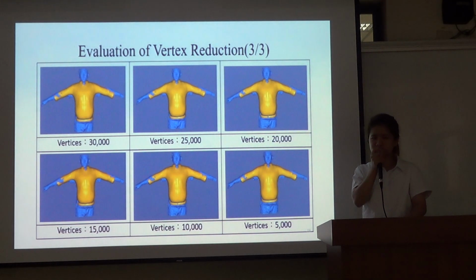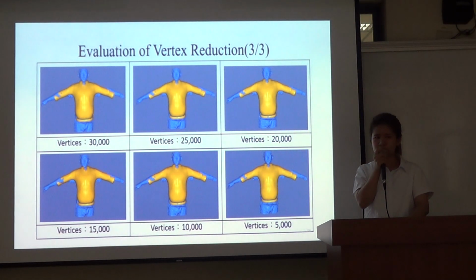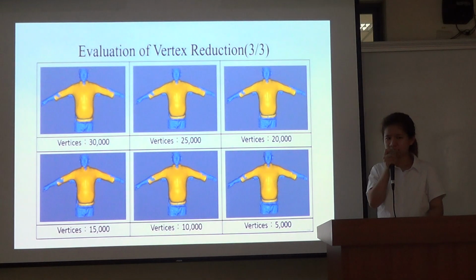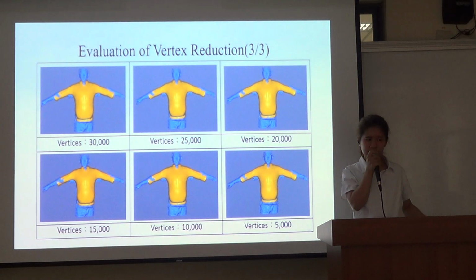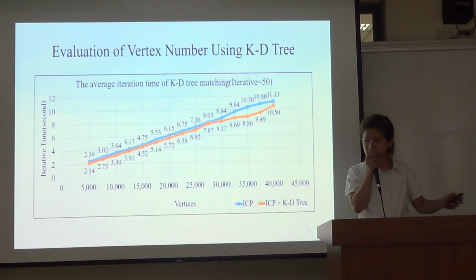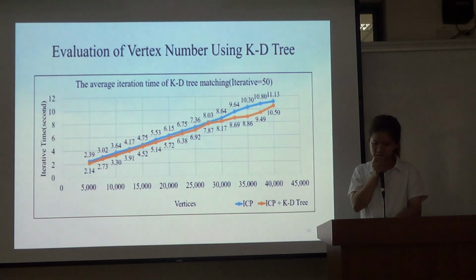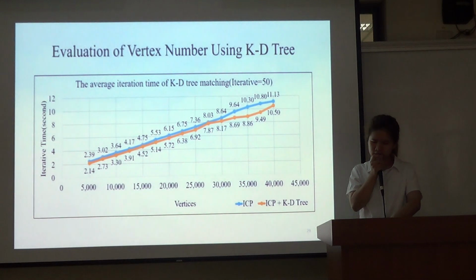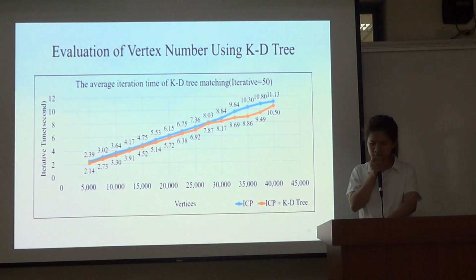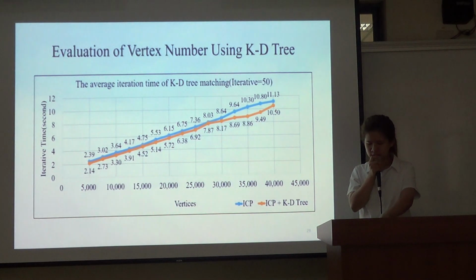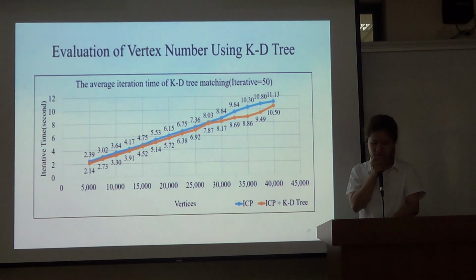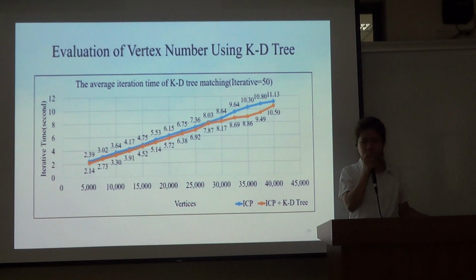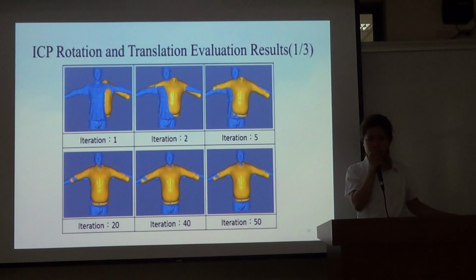This is the final matching rate of different numbers of vertices. This is the KD tree iteration time. It can be seen that there is a significant decrease in the iteration time using KD tree.